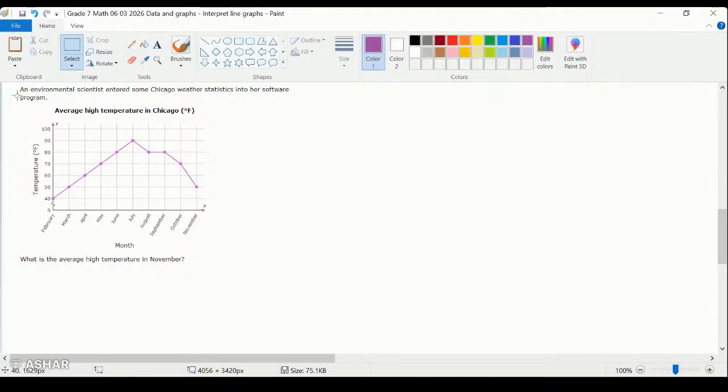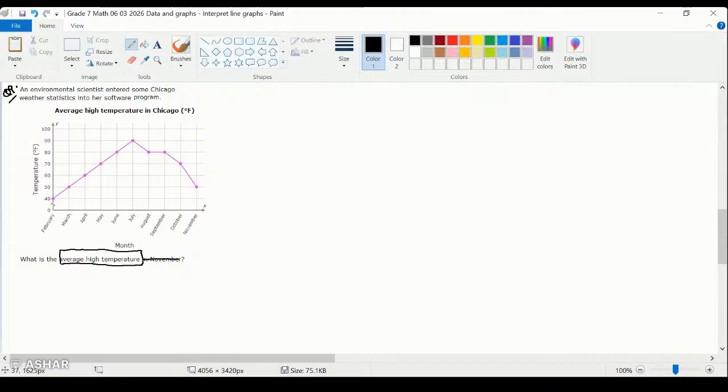An environmental program is given to us, and they are looking at the weather of Chicago. I'll remove November and say, what is the average high temperature from February to November for the given 10 months?